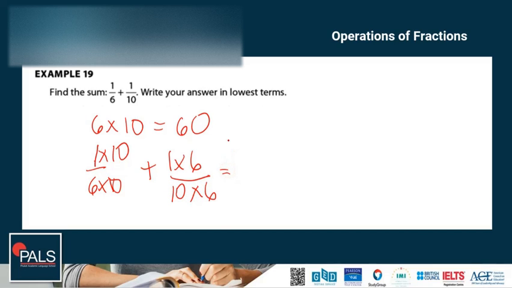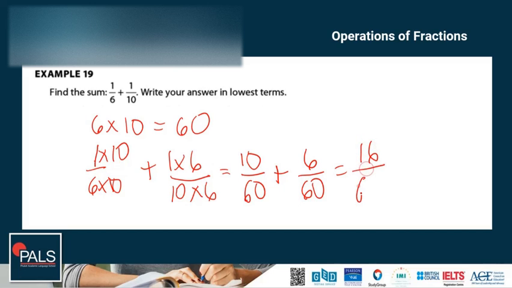So the answer is 10 over 60 plus 6 over 60. Then since the denominator is already the same, you can just add the numerators. So we have 16 over 60.